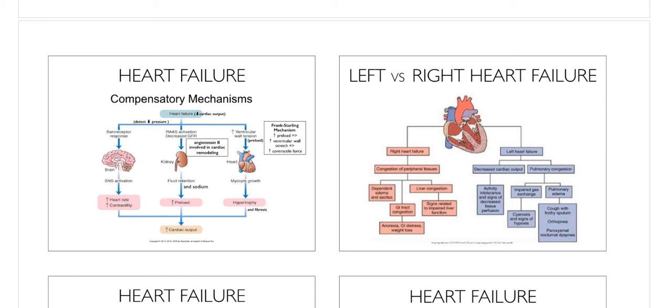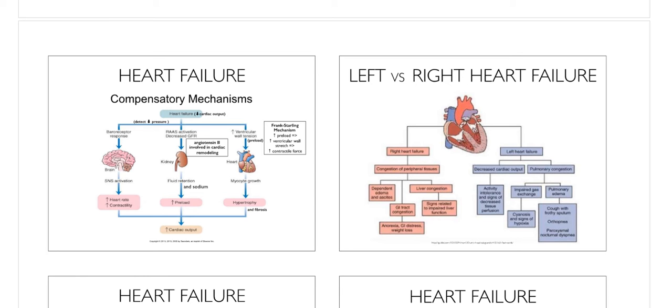Blood that's in the right ventricle just came from the body. So knowing that, we can conclude that if the blood in the left ventricle is not able to be ejected, which is the way it works with heart failure, then all of that blood is going to end up getting backed up to wherever it came from, which with left-sided heart failure would end up going back to the lungs.